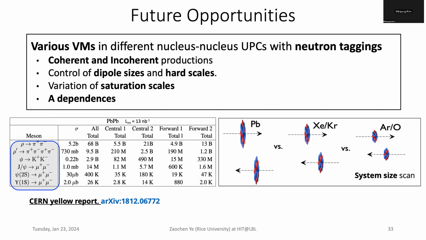Okay, but in which kind of time window do you collect the data? That will be after the long shutdown, and with Run 3 we already have some data. In Run 3, the lead-lead UPC, we collected about a similar luminosity as Run 2. Okay, I see. Thank you. And at the end of this year we're going to take more data.